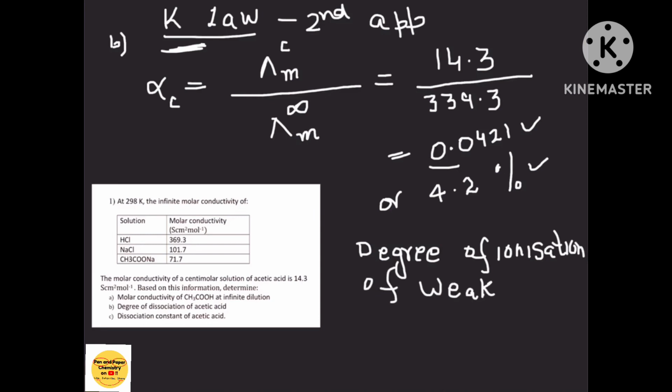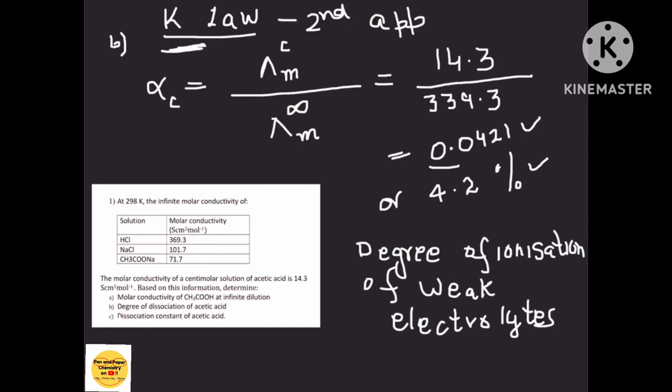So with the help of two numericals, we have done the two applications of Kohlrausch law. Let's go on to the third part of the question, which says that you have to determine the dissociation constant.